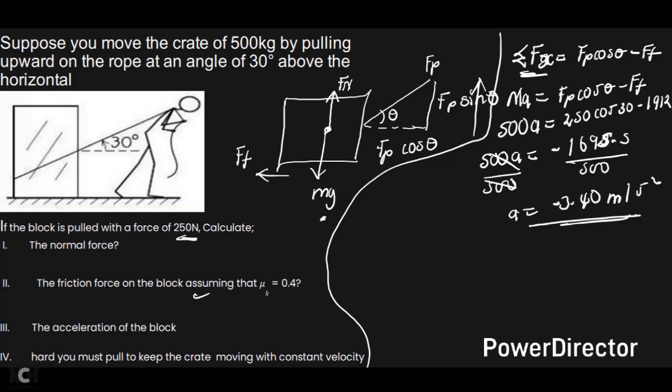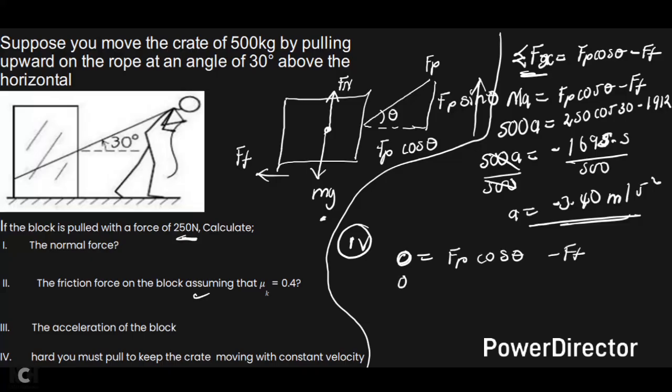Now they are asking how hard you must pull to keep the crate moving with a constant velocity. In this situation, we still use the equation in the x-axis, the same equation. Where there's ma, we replace it with 0, so that we can find the pull force, how much force we can pull with to keep this moving.